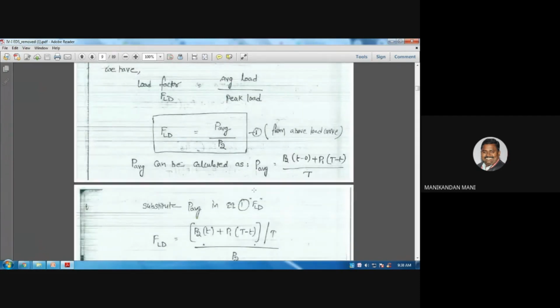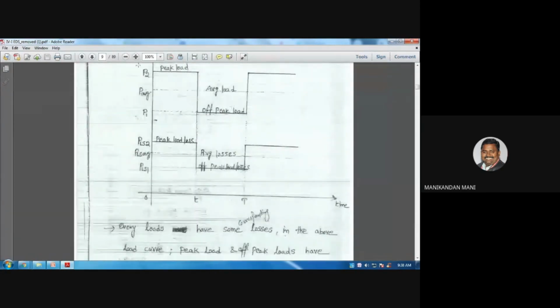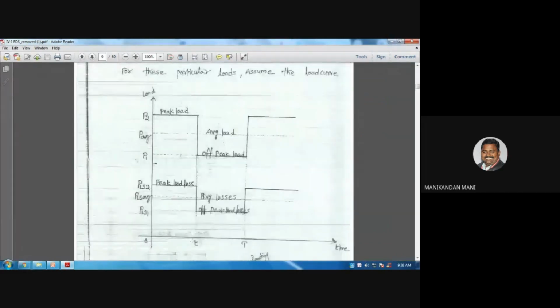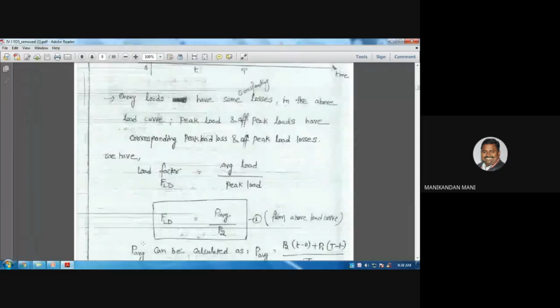So P average load is equal to, from P2, how to calculate the time interval? 0 to t. So P2 into t minus 0, right?